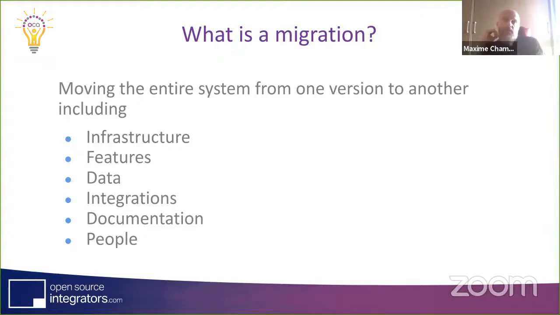And the last two points, documentation and people. Again, we're talking lots of users, sometimes with different usage, and they've been used to the application for quite some time now. So they may be using it not the way it was thought or designed in the first place during the implementation project.